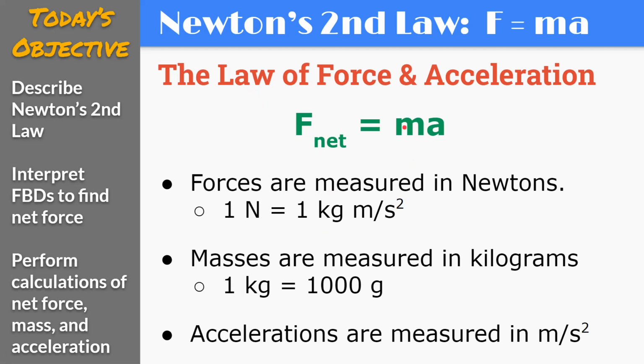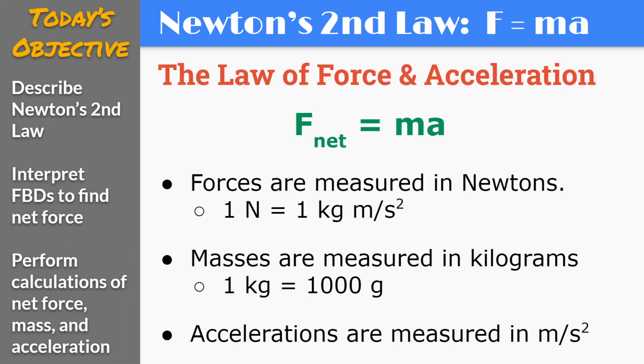The m in this formula is mass. The masses must be in kilograms, and again, that's because the newton is a kilogram meter per second squared, so in order for your units to cancel appropriately or to end up with the right unit in the end, they need to match up. And so your masses, when you put them into this formula, must be in kilograms. If they're not, you have to convert them. You cannot plug grams into it.